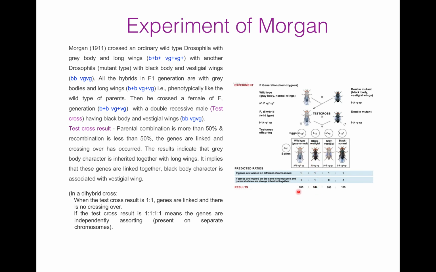That is the parental type, and the others are new combinations. It means parental combination is more than 50% and recombination is less than 50%. So the result indicates that the grey body character is inherited together with long wings. It implies that the genes are linked together. Black body character is associated with vestigial wings.